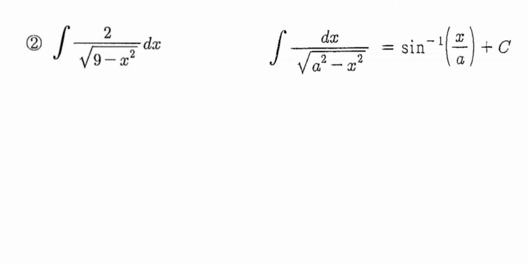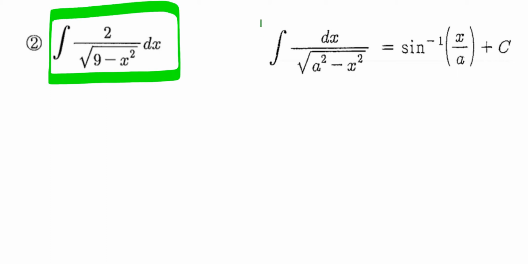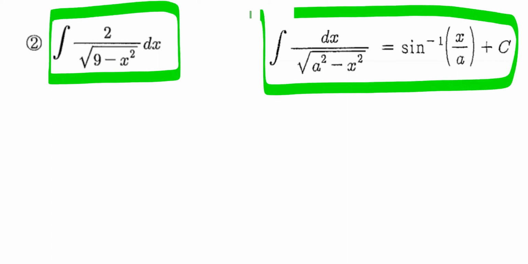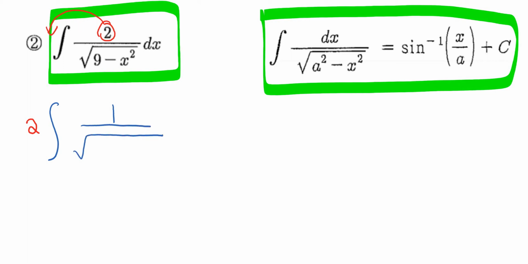All right, so this is another question where, just by looking at this, it's probably going to look like one of our inverse trig functions. So I want to find the antiderivative here. One thing that you may want to do is take this 2 and move it to the front. So the 2 can move to the front, then the integral sign, and then 1 over the square root of, and now there is a 9 there, so I can replace the 9 with 3 to the power of 2, minus x squared times dx.